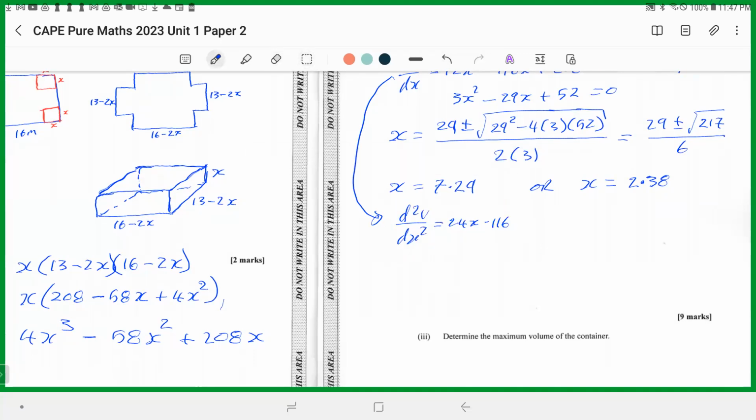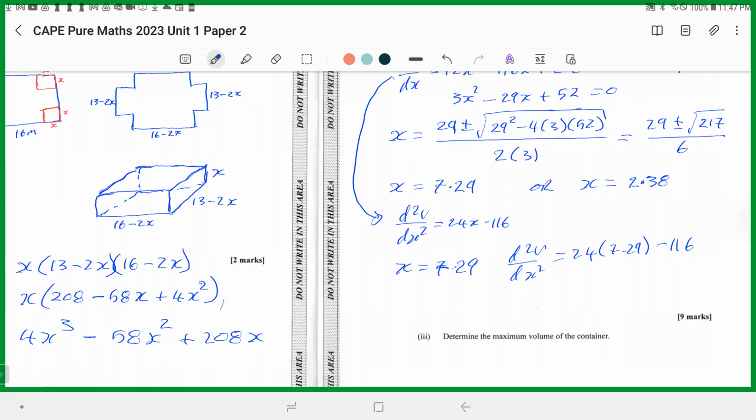At x equals 7.29, d2v by dx squared becomes 24 times 7.29 minus 116. Is that positive or negative?